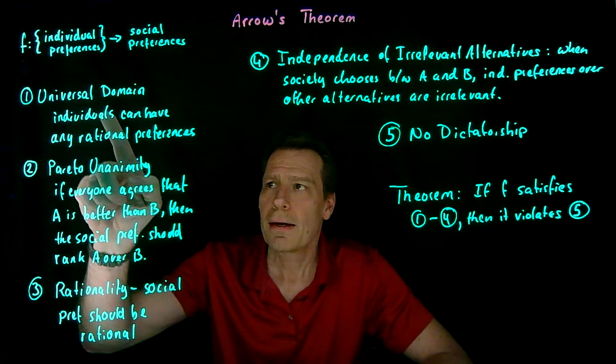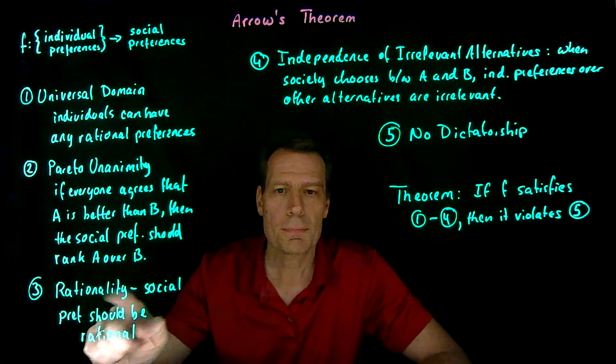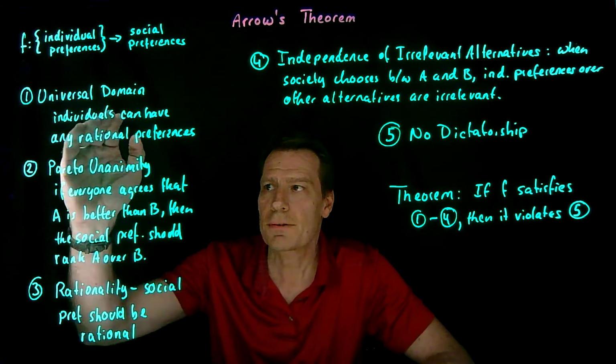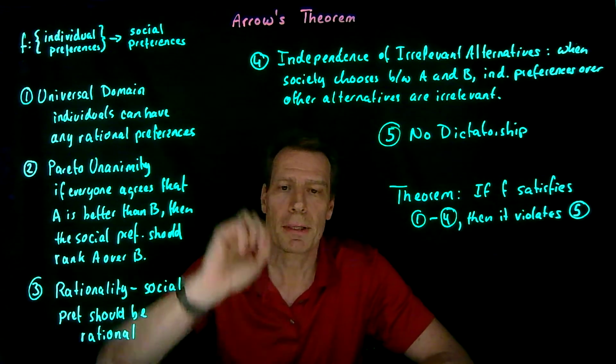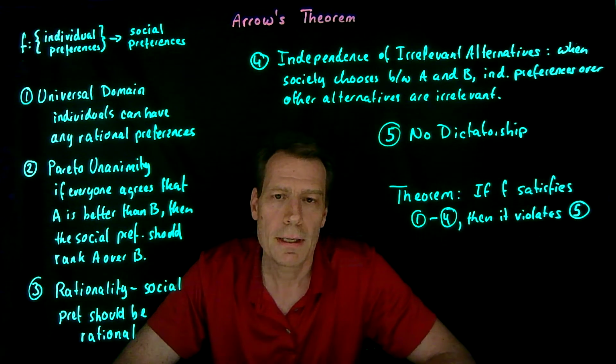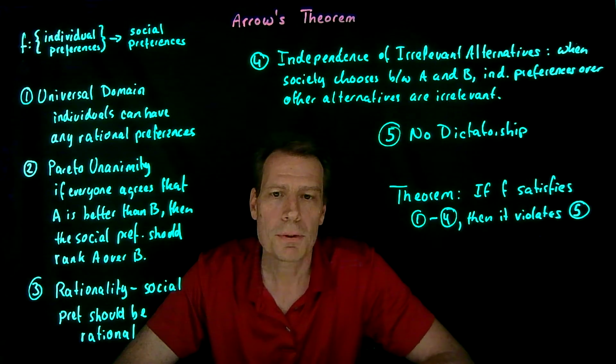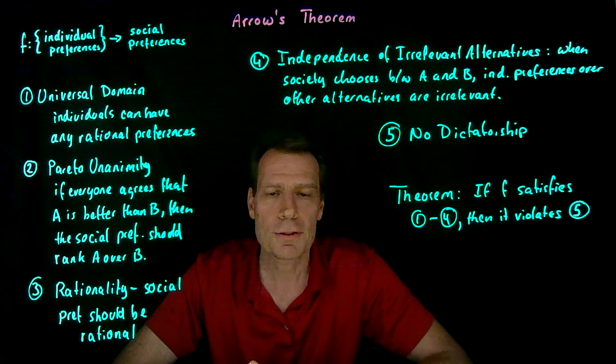That means if we have a social choice process that satisfies universal domain, Pareto unanimity, rationality, and independence of irrelevant alternatives, then we have no choice but to appoint a strong dictator, a dictator who always gets his way, even if he's the only one who prefers A to B, and everybody else disagrees, A is ranked over B.